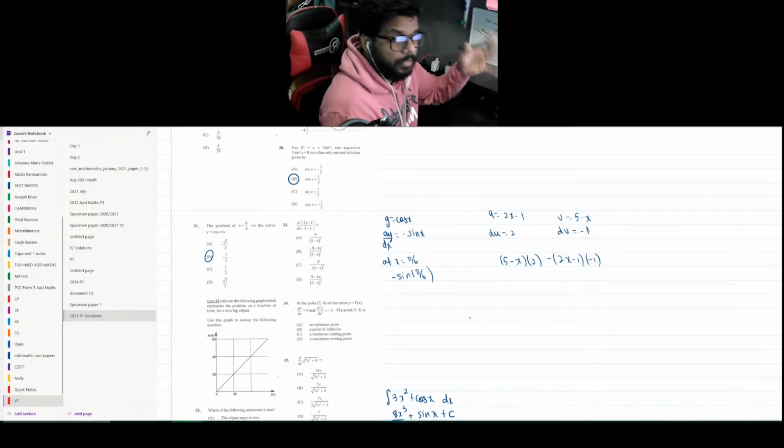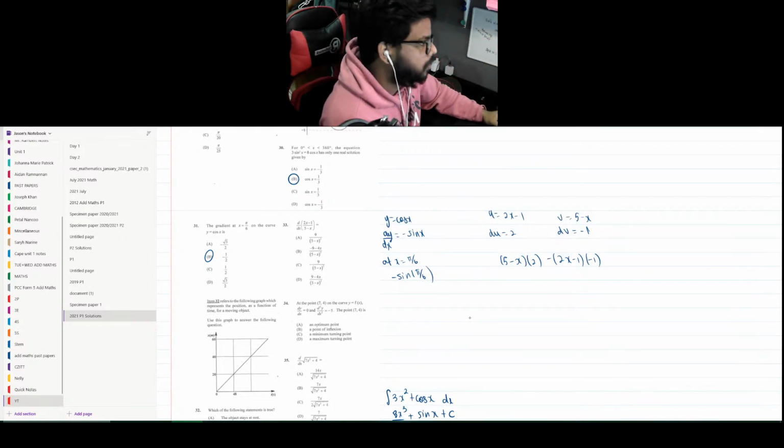So all over v squared is the exact same thing, so I'm just working out the numerator. 10 minus 2x plus 2x minus 1. 10 minus 1 is 9. So 9 over v squared, which is (5 minus x) all squared. No, that's minus 9, sorry.